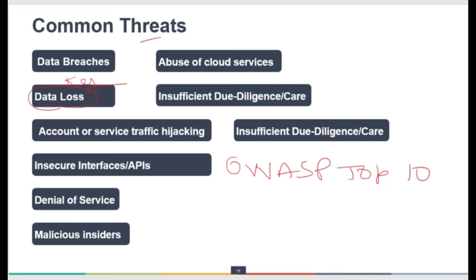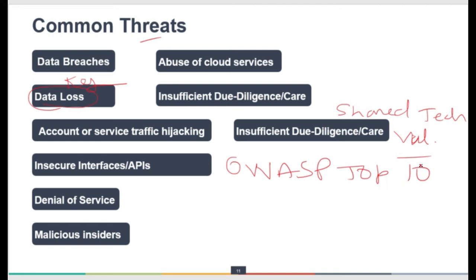Shared technologies vulnerabilities. This is the last point. Multiple tenants bring in risks here.